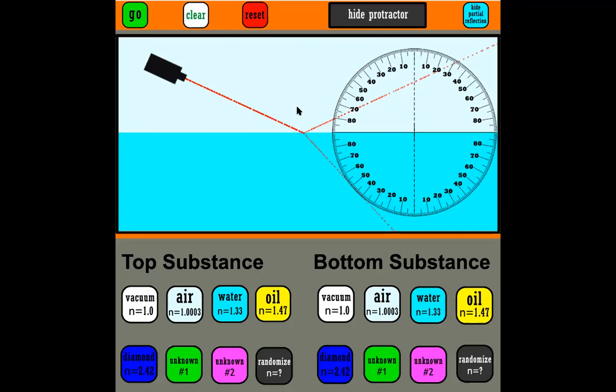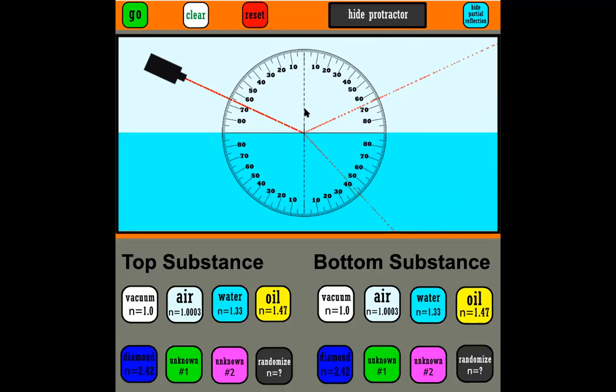When I move my protractor onto that spot, the angle of incidence is 66 degrees. The angle of reflection is also 66 degrees, but the angle of refraction is now 42 degrees. So as the light leaves the air and enters the water, it bends.